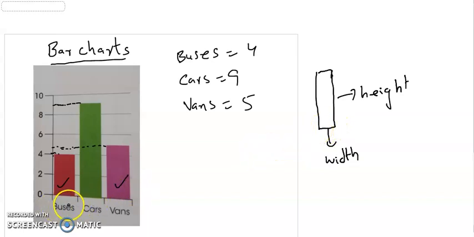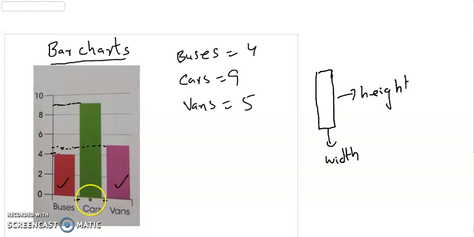Like you can see here, we have this bar chart for buses, cars and vans. The width of each bar is equal. The height can be different. And one more thing, the gap between each bar should be equal. Like the gap between the buses and car bars, and the gap between the vans and car bars, is equal.